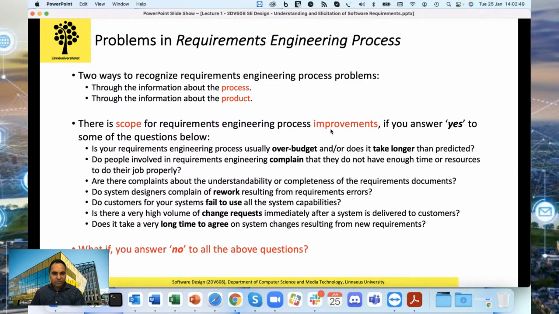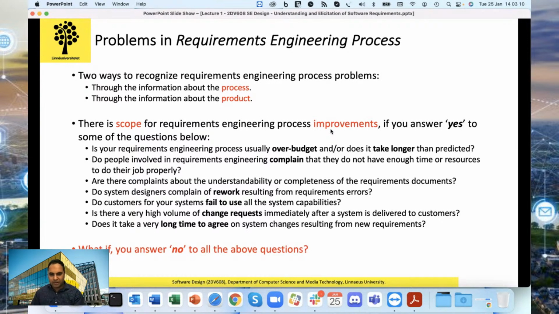But what if you answer no to all of the above questions? As I mentioned earlier, even if you don't have any problems with all these things, you cannot claim that your requirements engineering process is perfect or best.